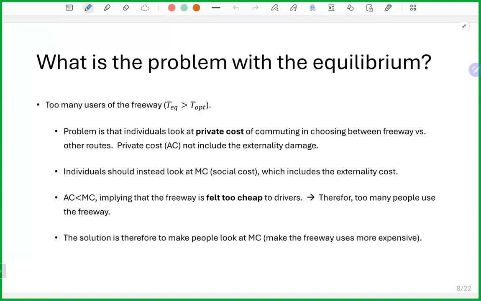You don't care about this externality cost. Now I develop a policy such that, as a result of this imposition of policy, you regard that externality cost as your private cost. That's the condition for the idea.